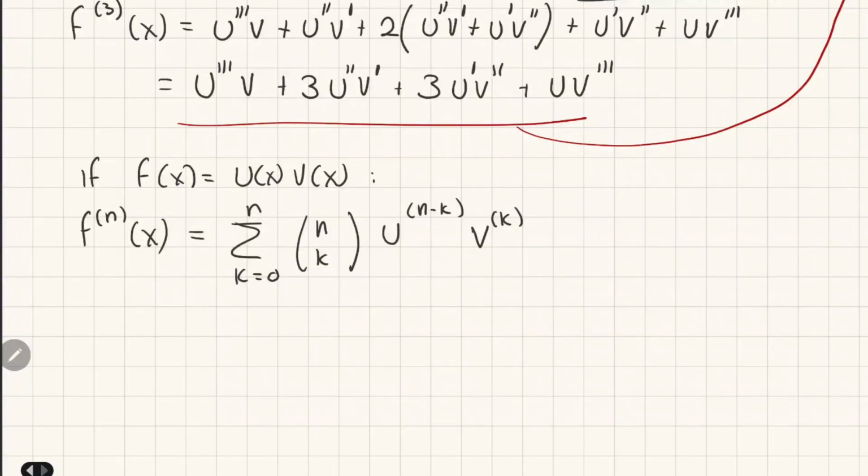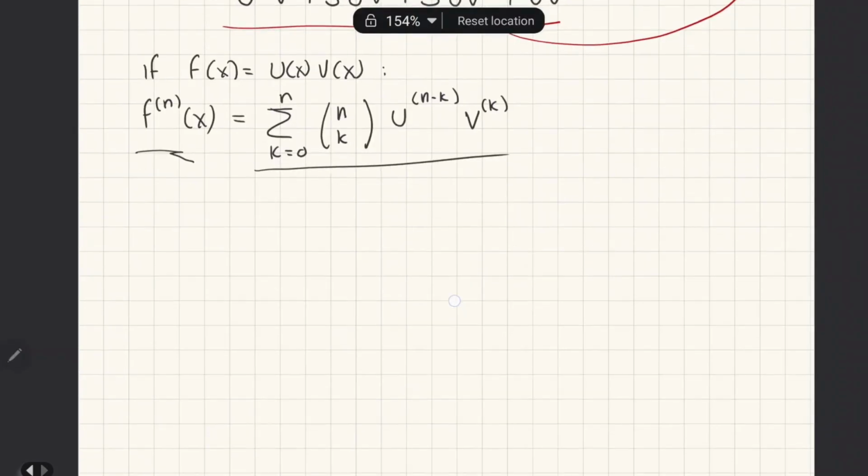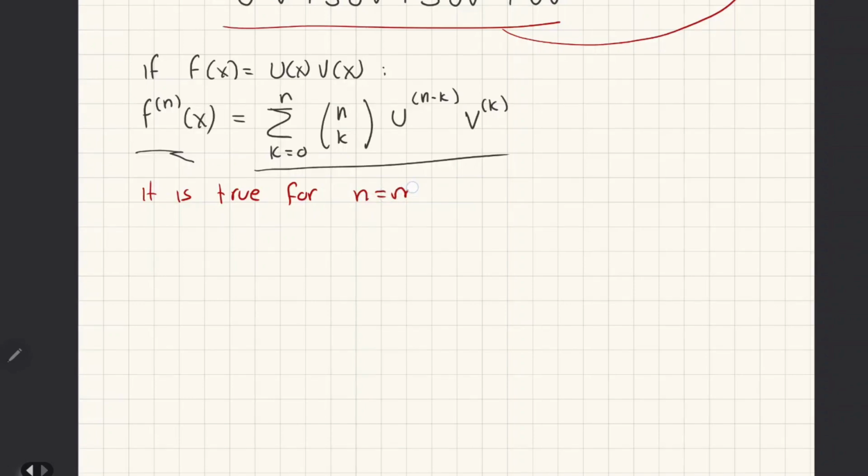Okay, so this is just like an assumption that we are making, right? We are taking into consideration that maybe the nth order derivative of f can be calculated with this formula over here. So we are going to use the method of mathematical induction to show that. So we are going to consider that it is true for n equals m.